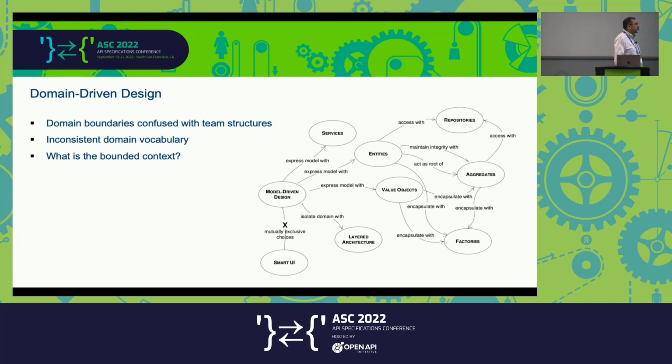There's also the notion of bounded context. So how do we define what a bounded context is? Should our domain, which is a delivery mechanism for our services, correspond one-to-one with a bounded context, or could there be a loose mapping of bounded contexts to domains?